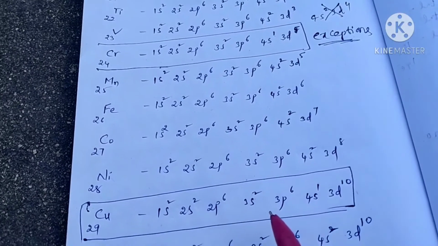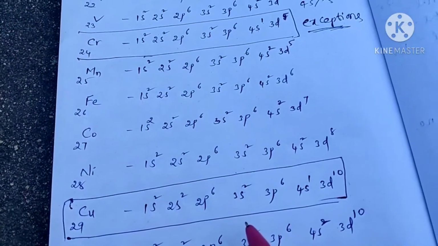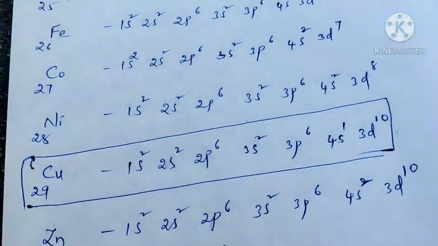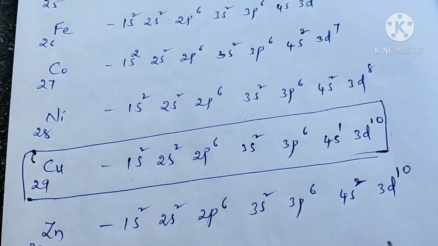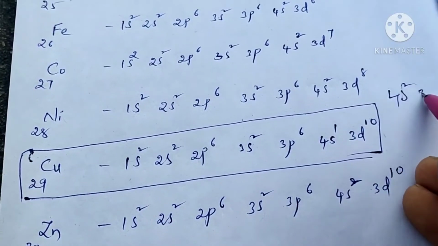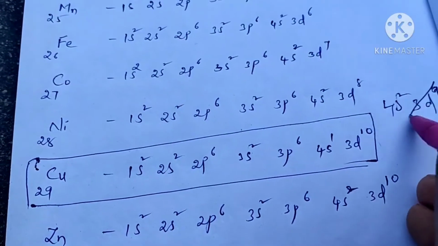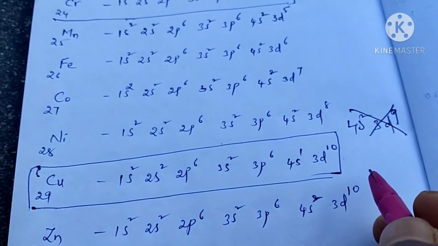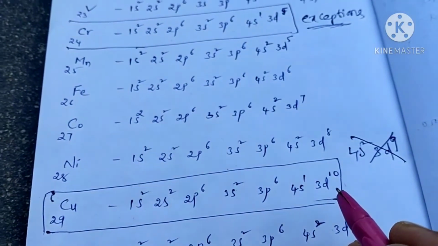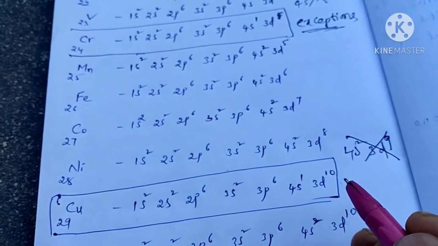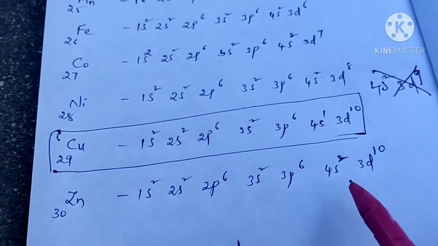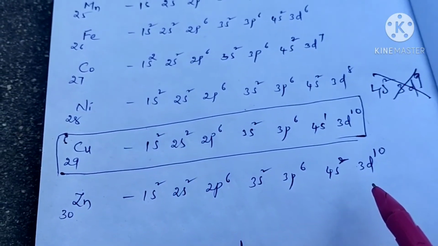Chromium with atomic number 24, copper with atomic number 29. So it's very, very important. You don't write 4s2 3d9. It is wrong. Okay, it is experimentally proved. You will come to know the reason in higher classes. Okay, and the last one is 4s2 3d10.